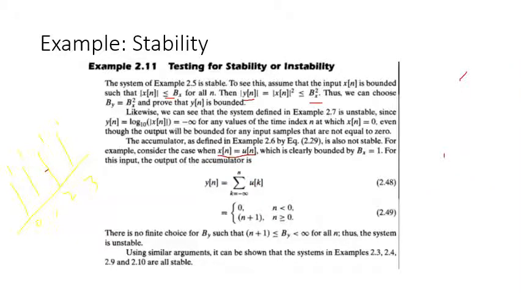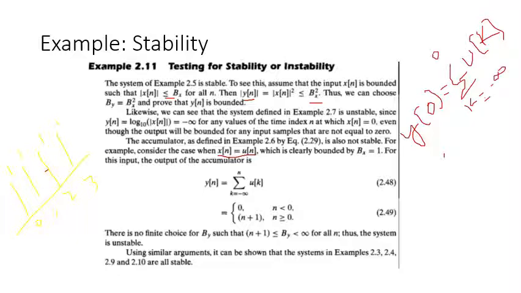Okay. So if we calculate y of 0, it means summation u of k starts from minus infinity up to 0. If I expand it, we know that unit step starts from 0, so we'll have only one term. For n less than 0, the output will be 0 because there is no input.